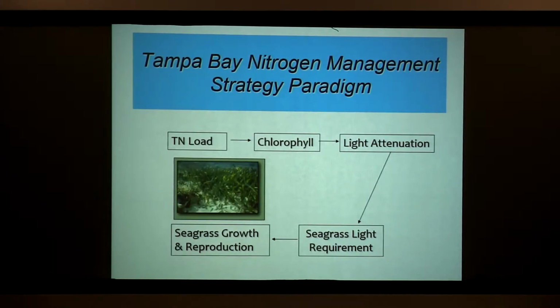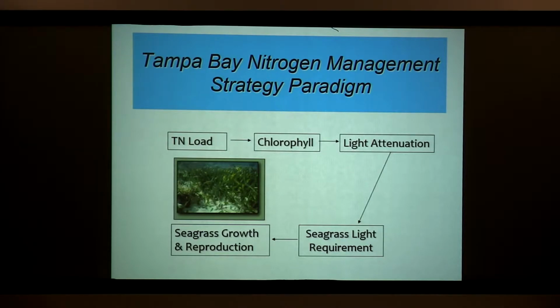The estuary program and a lot of partners, many of you in the audience today, have gone through a very significant series of science-based efforts to develop specific numeric targets for Tampa Bay's recovery, starting off with the seagrass growth and reproduction goal of restoring seagrass to acreage observed in 1950.